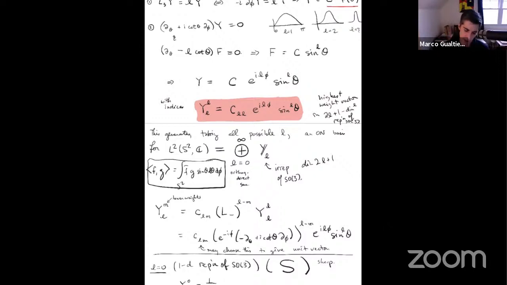It sends theta to pi minus theta, and this function is independent of that.